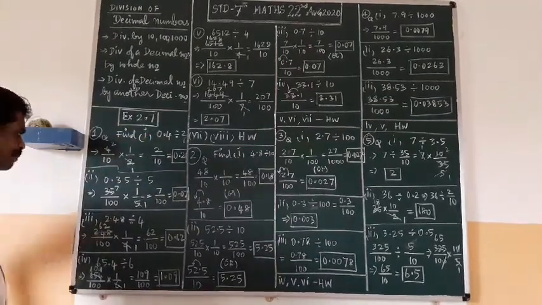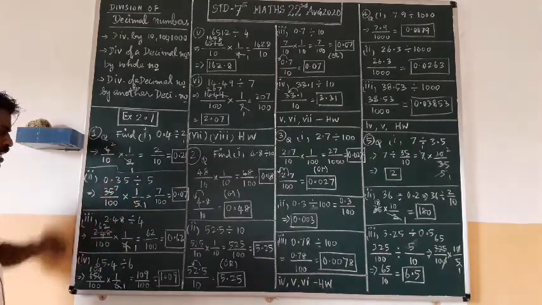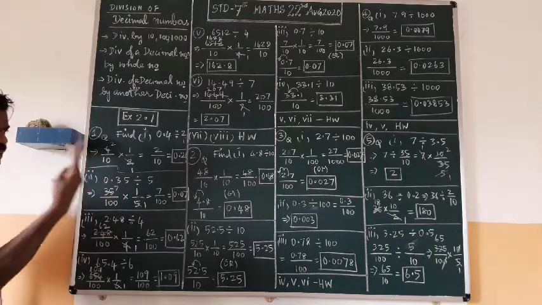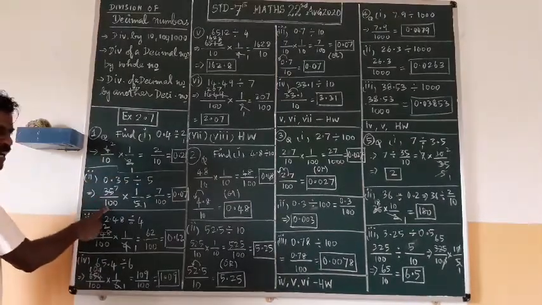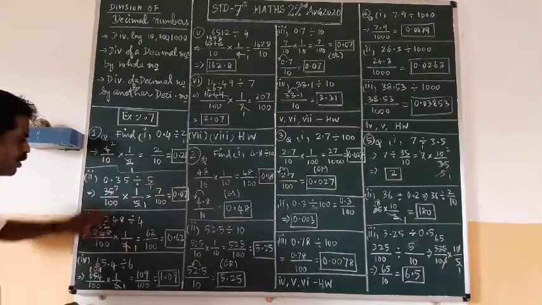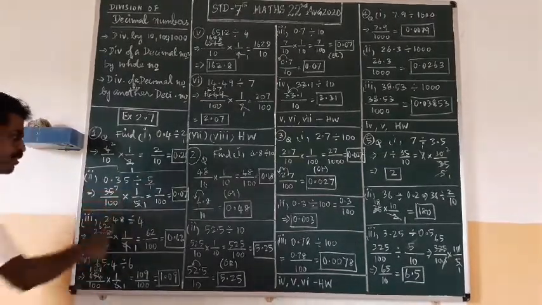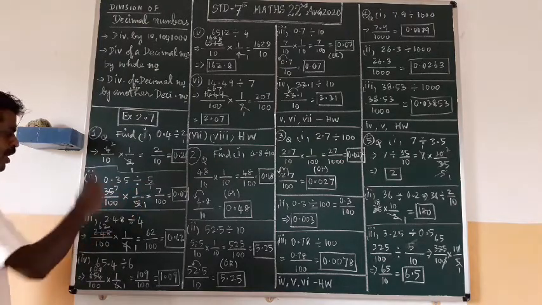The second problem is 0.35 divided by 5. 0.35 has 2 digits after the decimal, so I remove the decimal: 35 upon 100. Here 5 is 5 upon 1, so it becomes multiplication by the reciprocal, 1 upon 5.